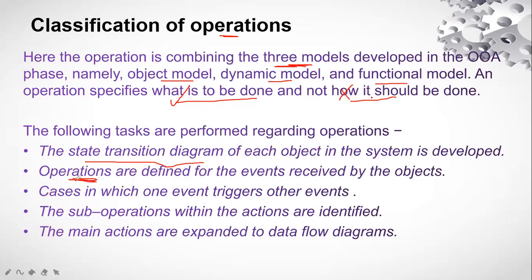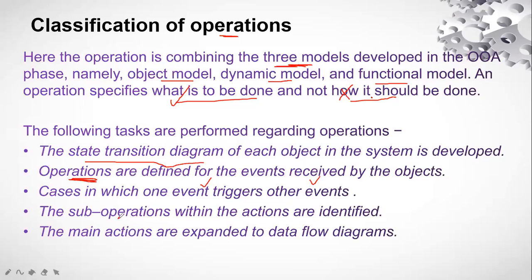Operations are defined for the events received by the objects, right? And in some cases, we have to find those events which are triggering other events to perform operations. That is what we are going to figure out.